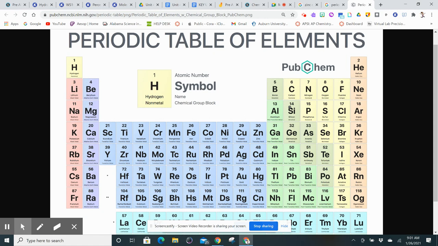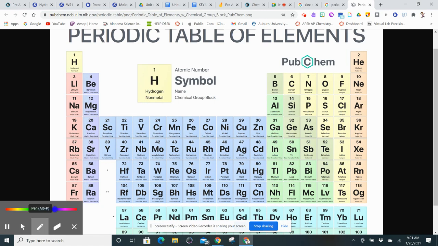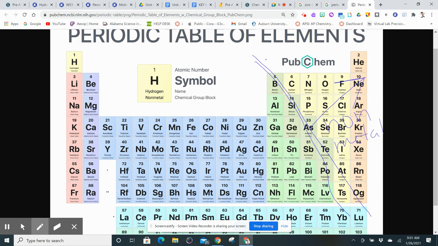So basically, if we drill a line right here, anything here and up, these are non-metals. Anything here and over, those are all metals. And the line is this right here. These are what we call the metalloids.